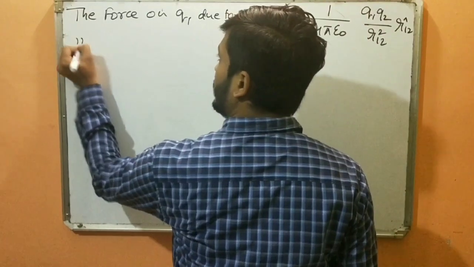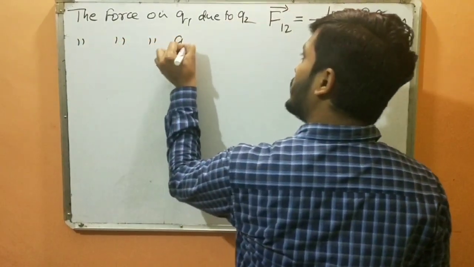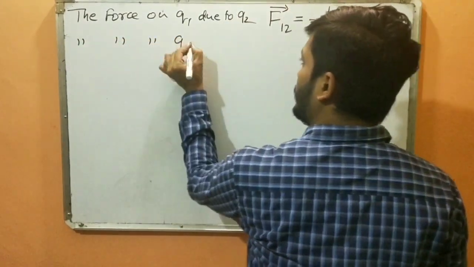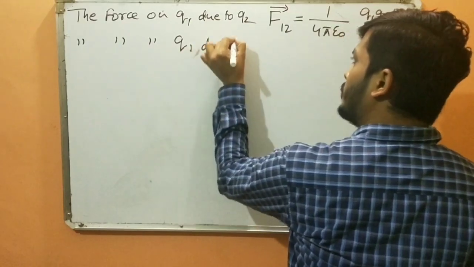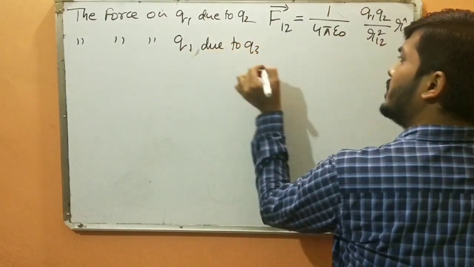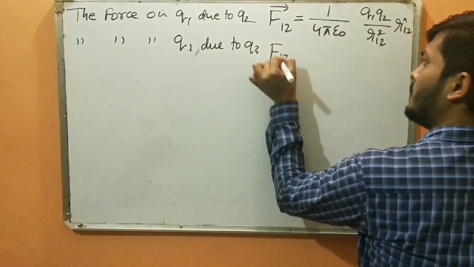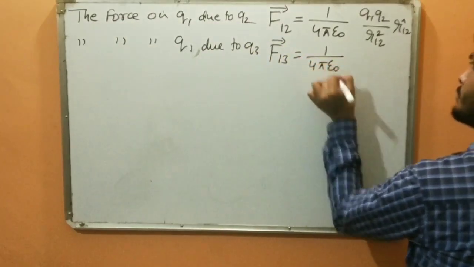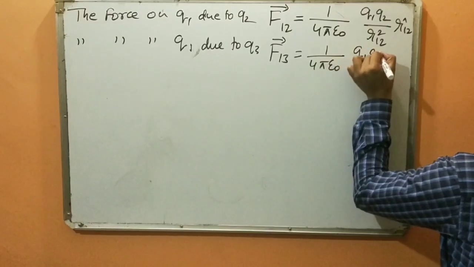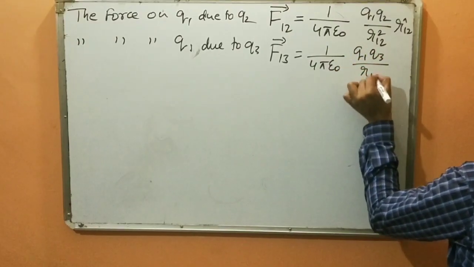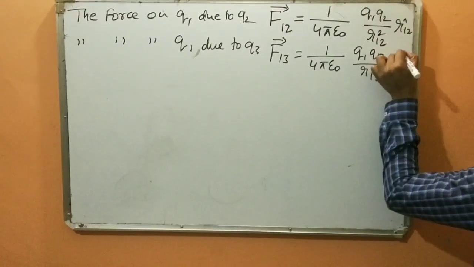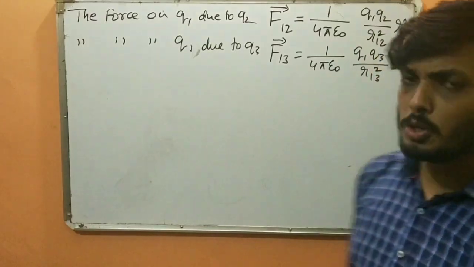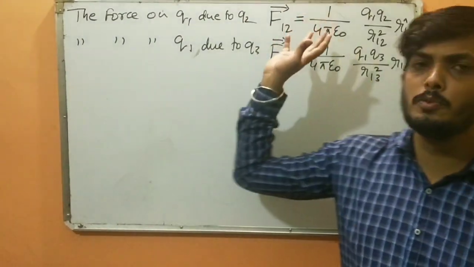Similarly, the force on Q1 due to Q3, what will it be? F13 will be equal to 1 upon 4 pi epsilon naught Q1 Q3 divided by R13 the whole square, times r13 hat. Now students, look carefully here. We are just using Coulomb's law.